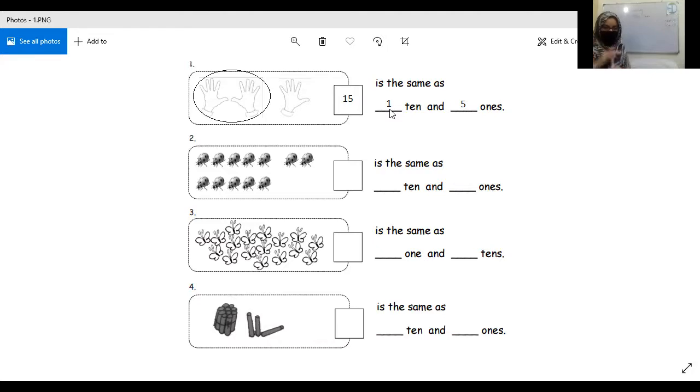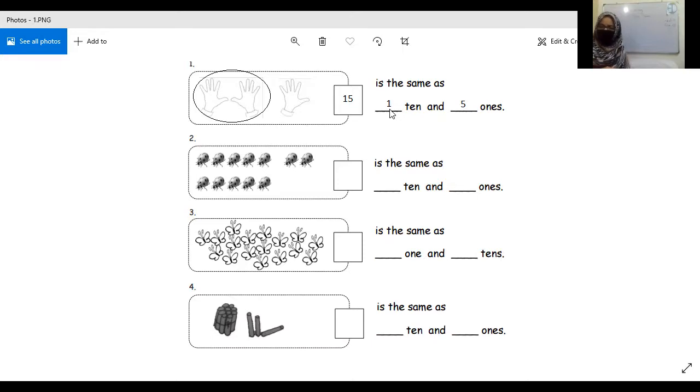Two ones. Excellent. Now Sarah, you tell me, count the number of butterflies and tell me how many tens are there. One, two, three, four, five, six, seven, 8, 9, 10, 11, 12, 13, 14, 15, 16, 17. Right? If we ask you how many tens are there, what will you say?